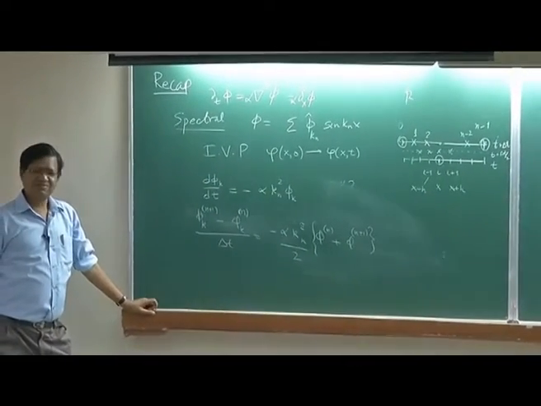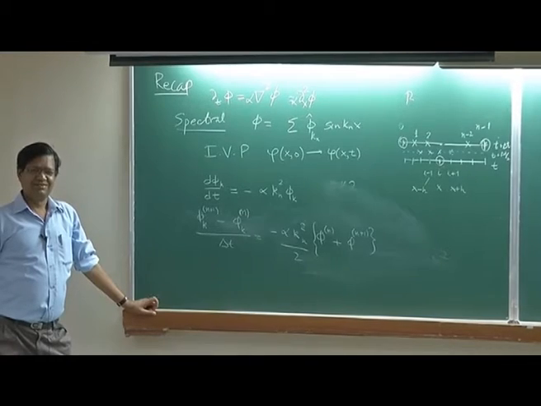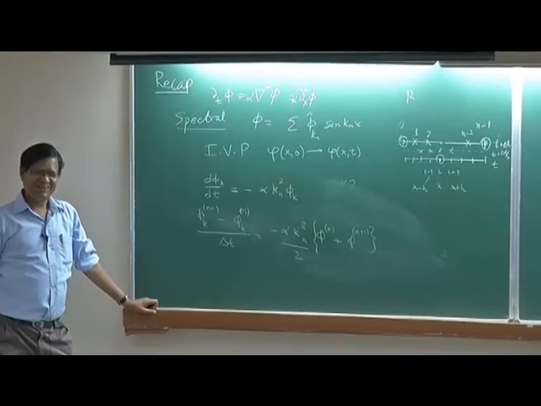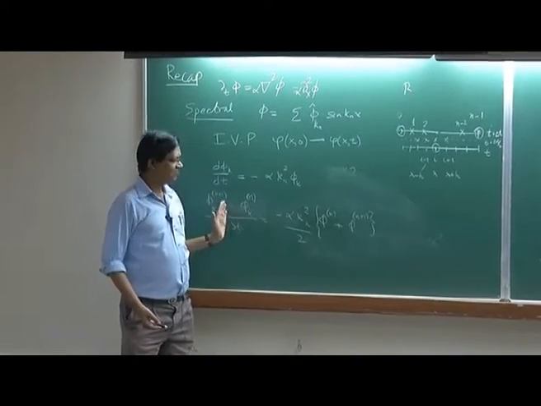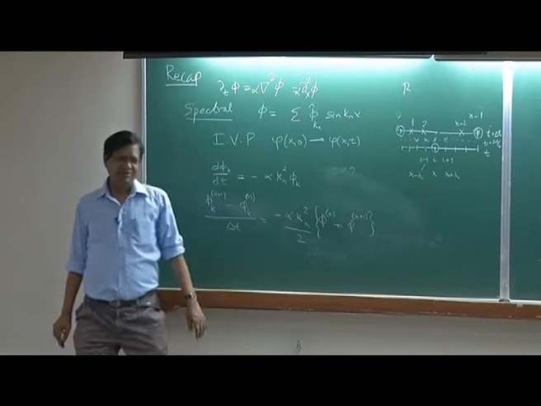Now, this is easy to solve, yes or no? In fact, this is straightforward to solve. I do not need any tridiagonal matrix. I take phi n plus 1 to the left, phi n to the right, and it is straightforward. Okay.